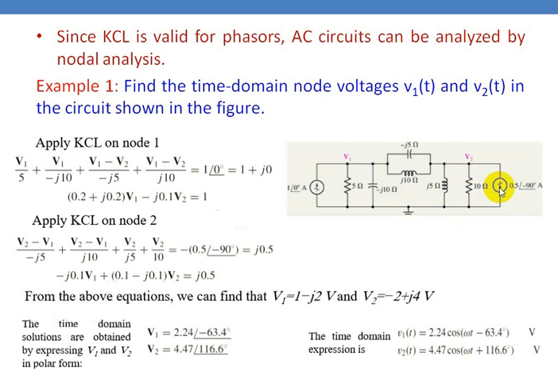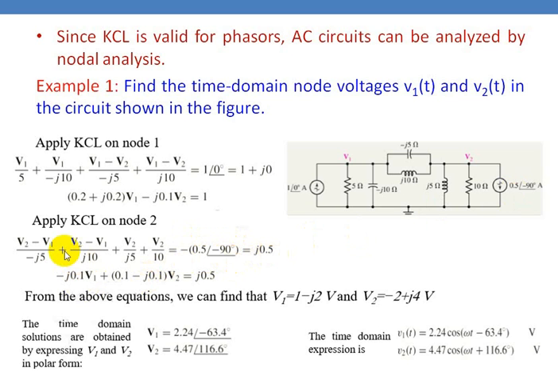Therefore, when you write it on the right hand side, you have to write minus of 0.5 at an angle minus 90 degrees. If you are writing it on the left hand side, you just have to add it with the currents. So here it is written as minus of 0.5 at an angle minus 90. If you convert this into rectangular form, you will get J0.5.